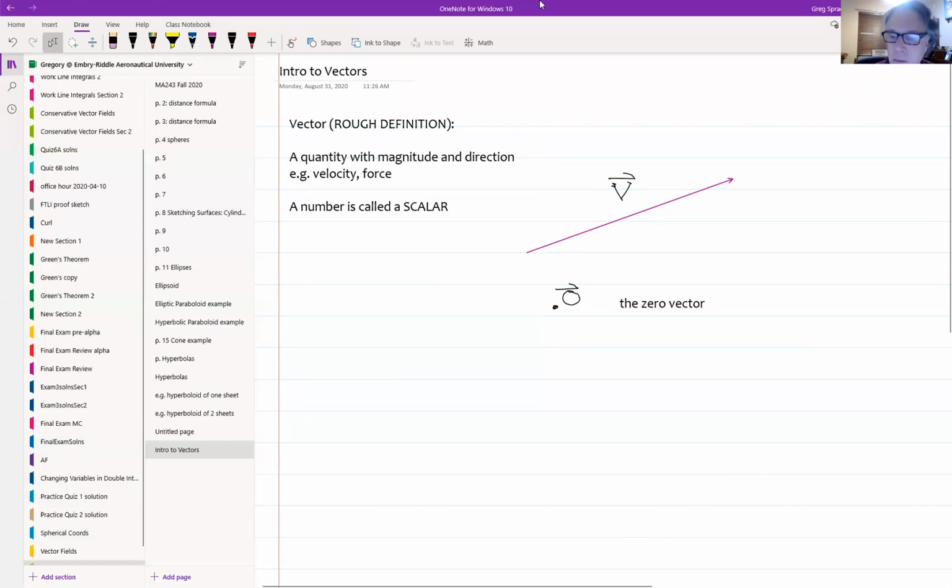And it has some properties that are similar to the number zero. And one of the most important is if you add it to any other vector, nothing happens. Oops. So v plus 0 equals v, for any vector v. And I didn't write the word vector there because I wrote the vector symbol, so I don't need to write the word vector.